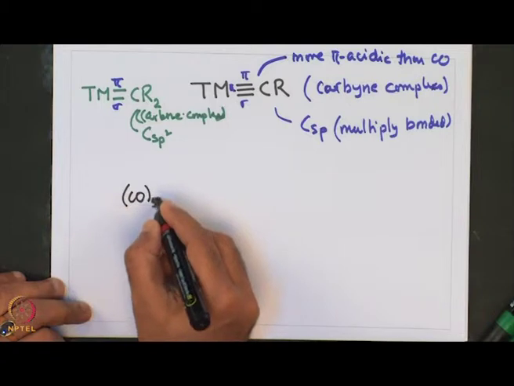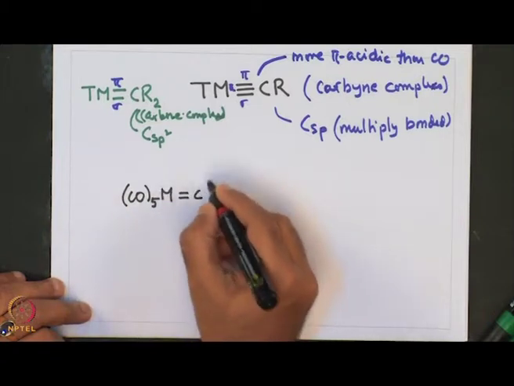metal carbyne complexes, and the first and foremost method was a serendipitous discovery for the synthesis of carbyne complexes that started off from a Fischer carbene complex, which is over here.